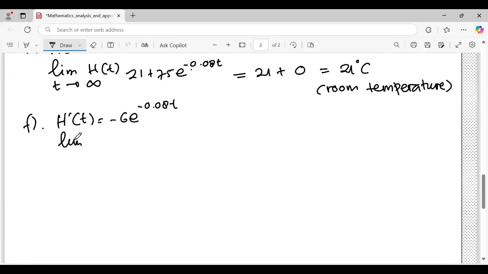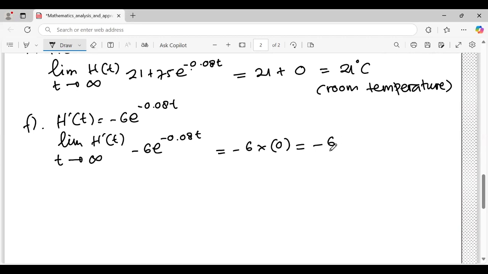So the limit of the first derivative as t approaches infinity of minus 6 e power minus 0.08t: e power minus infinity would be 0, so minus 6 times 0 would be 0. So the result is 0.